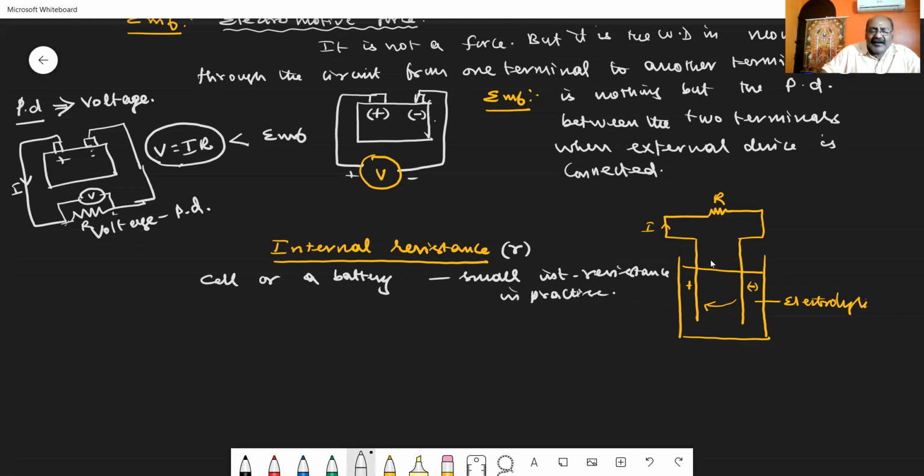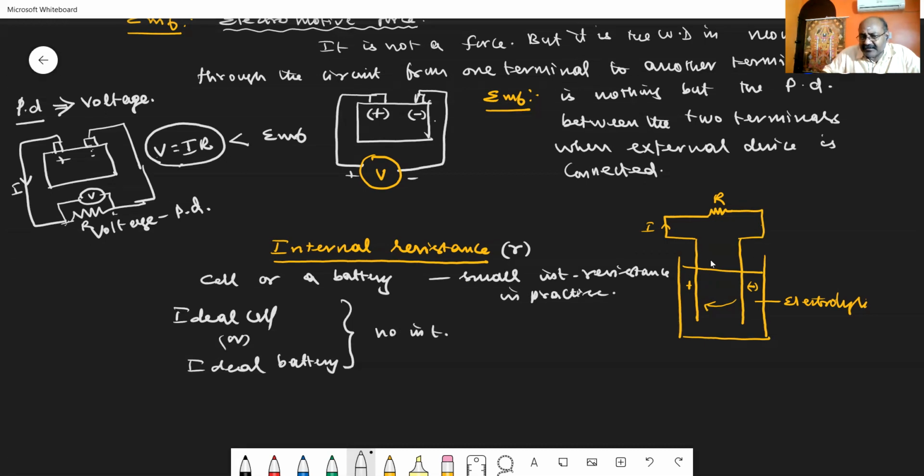When you are considering an ideal cell or ideal battery, ideal means there is no internal resistance available.